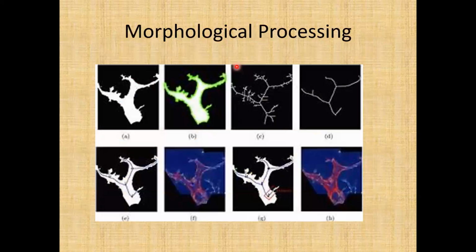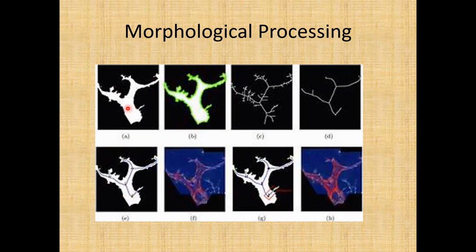We shall move on to the next fundamental step of digital image processing, which is termed morphological processing. Morphological processing deals with developing the tools for extracting image components. From the image, we extract only certain components. For example, we can extract only the fonts present in the image, or only the shapes, structures, or image regions, as given in this example.